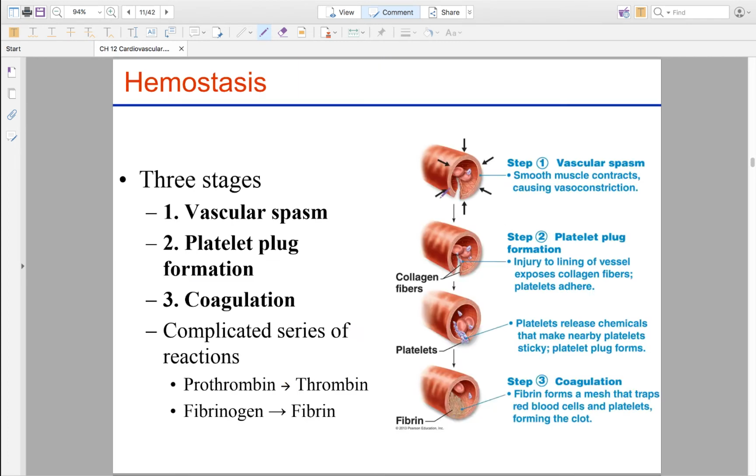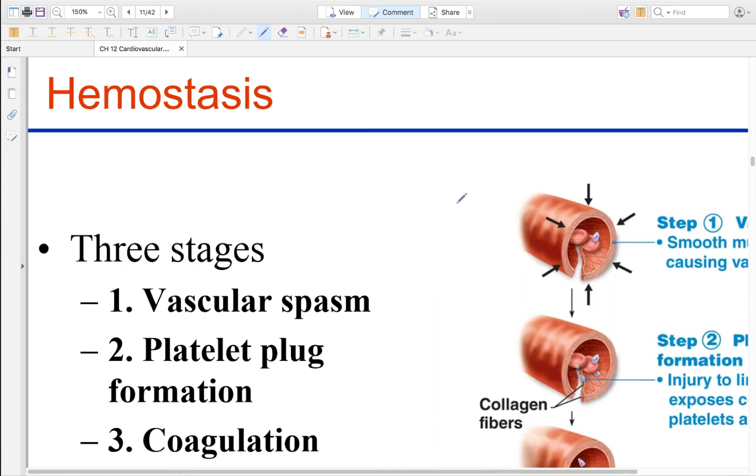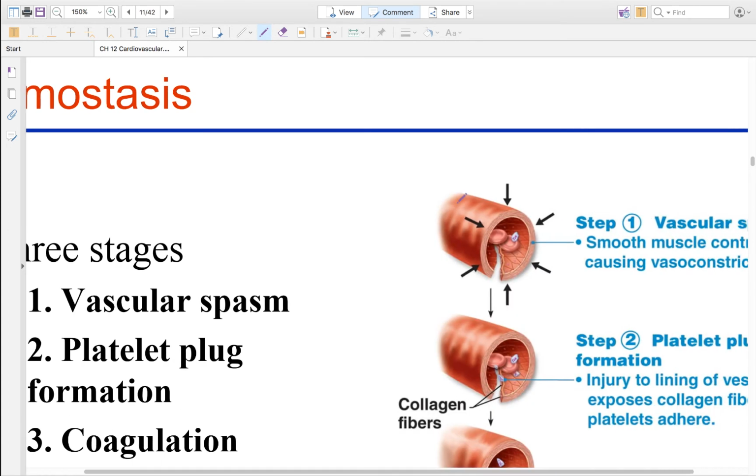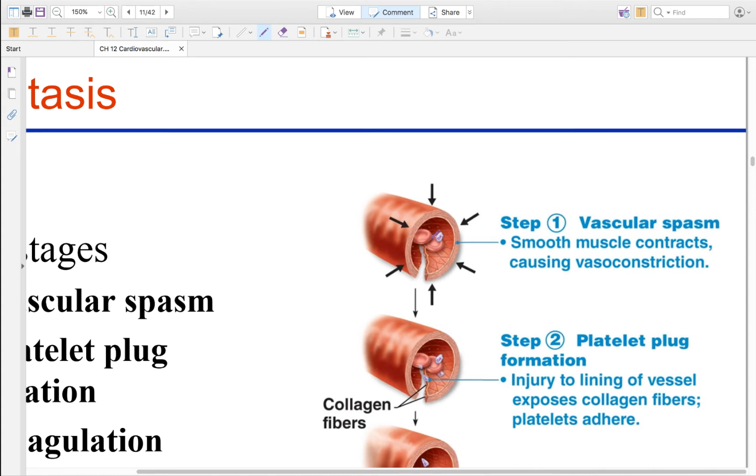Hemostasis has 3 stages. The first is vascular spasm. So first of all, let's look closely at this. There's a tear in this vascular tissue. When that happens, that is the beginning.